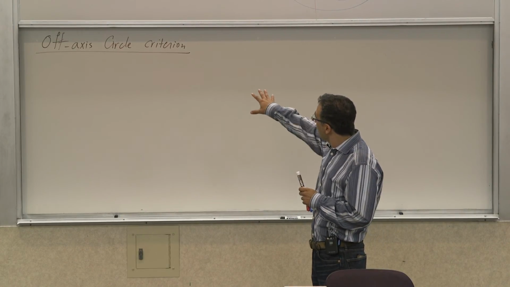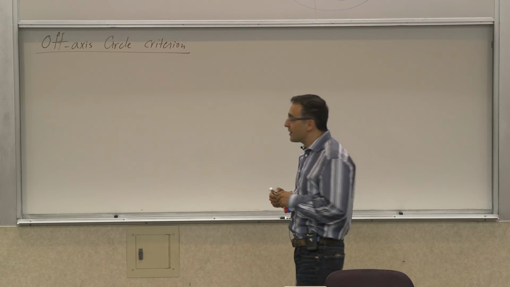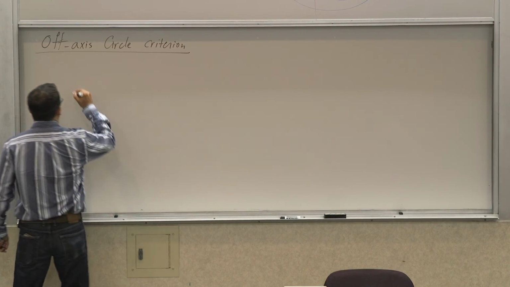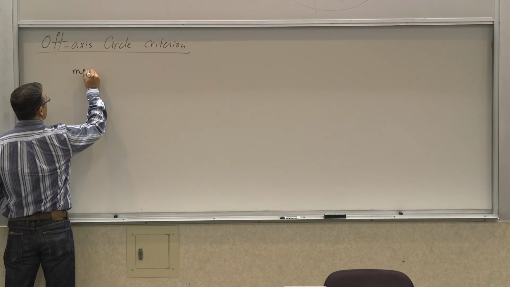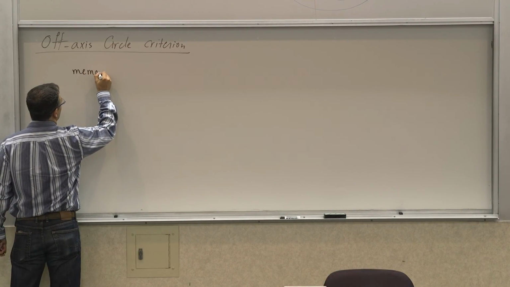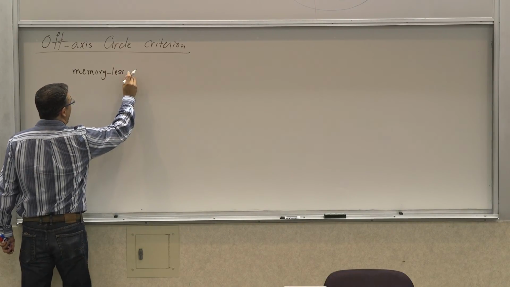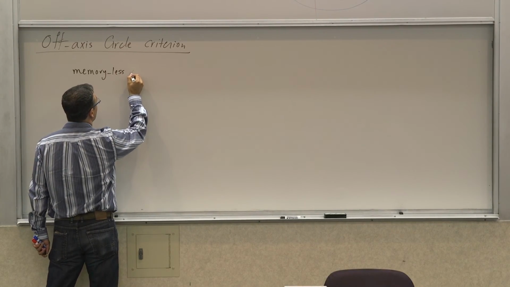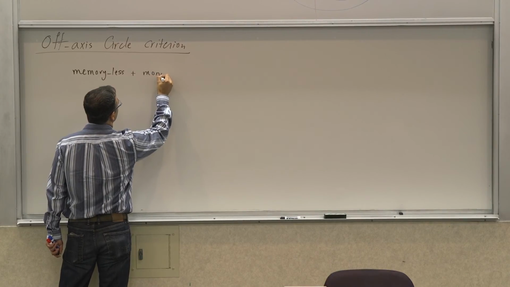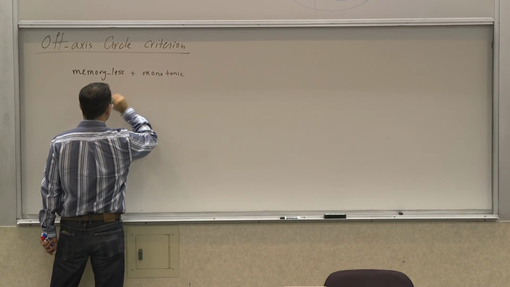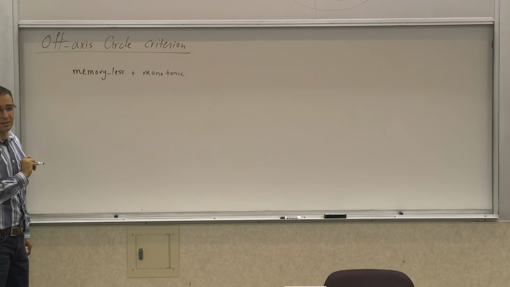So now the off-axis circle criterion says something else about the nonlinearity. If you know that your nonlinearity is also memoryless, and furthermore, monotonic, then you can come up with tighter criteria for this.